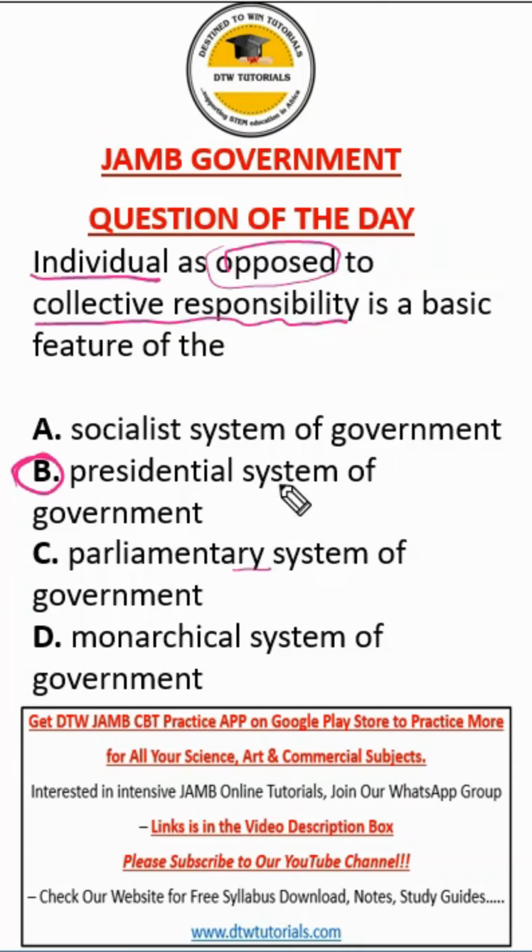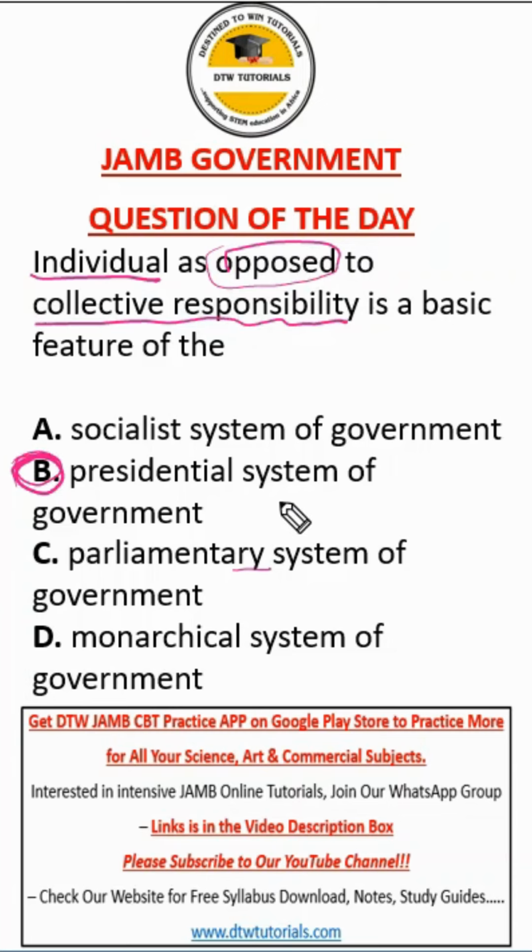But for the presidential system, the president is responsible. He is responsible for his decisions and actions, because the president is both the head of state and the head of government and is responsible for the administration of the nation. So individual as opposed to collective responsibility is a basic feature of the presidential system of government.